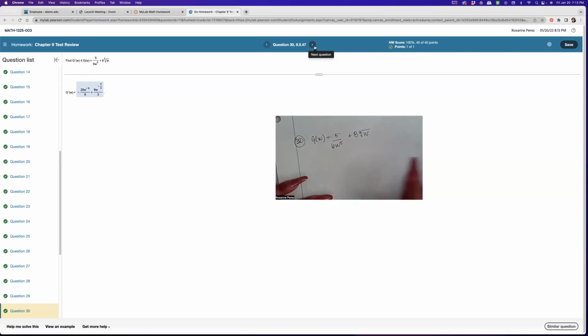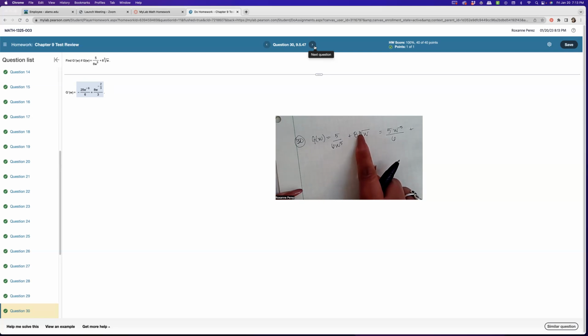Okay, so again, we have our variable term with an exponent in the denominator. We don't like that. Let's simplify it. 5w to the negative 5th power over 6 plus, here we have 8 and then the cubed root of w.